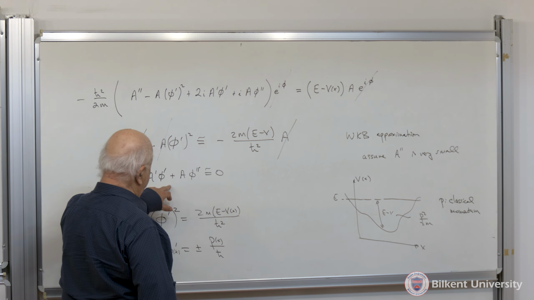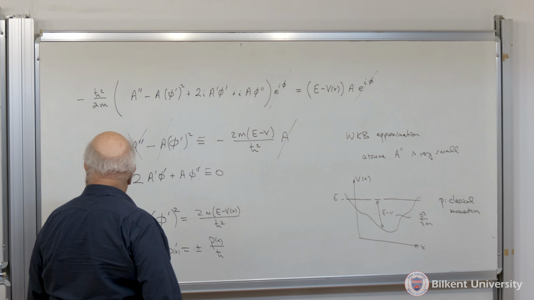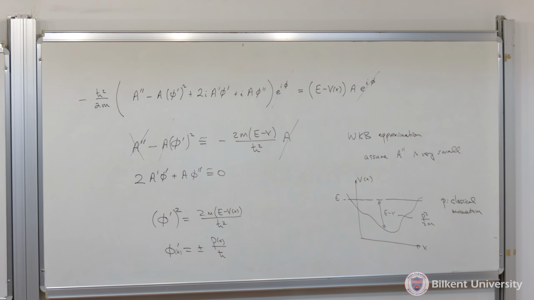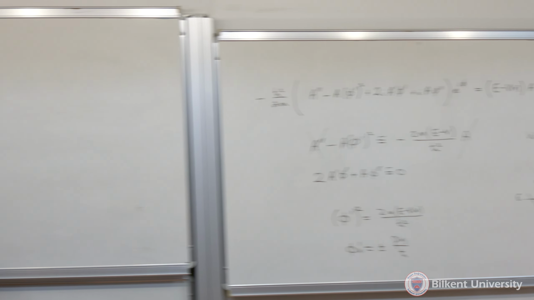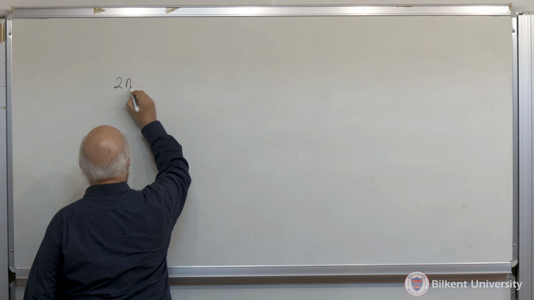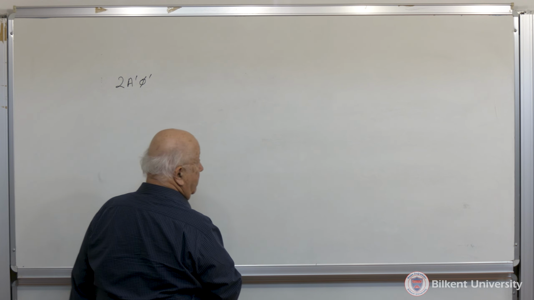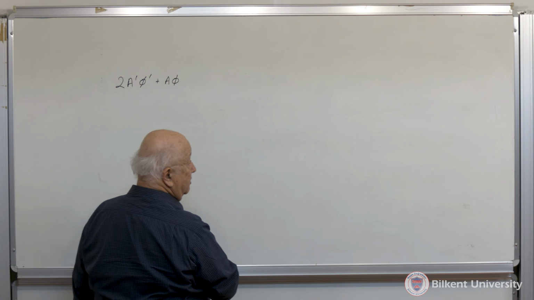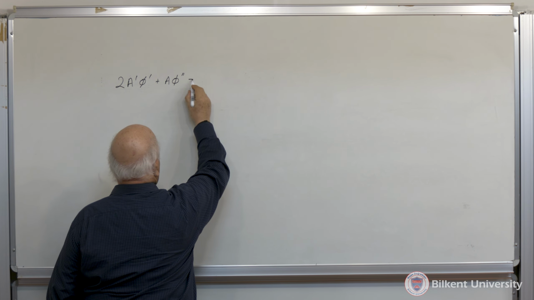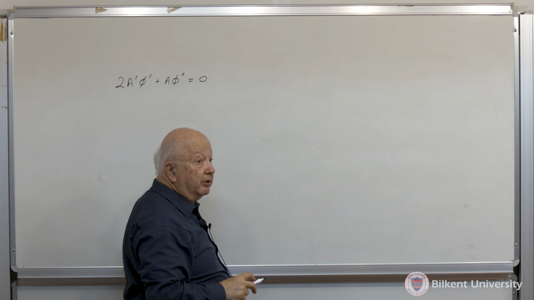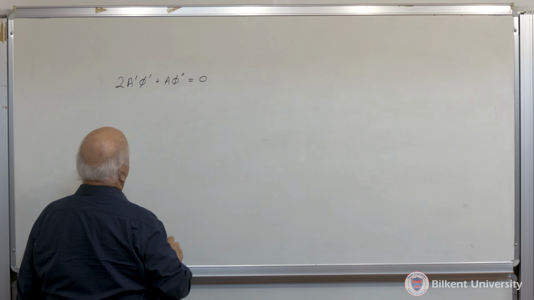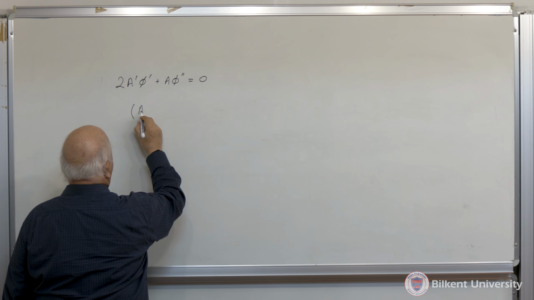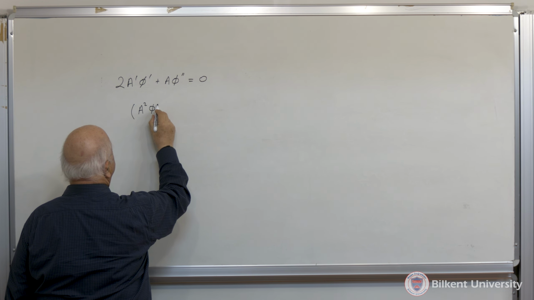Now let's go back to this equation and see what we can do with that. I had this equation which said 2a prime phi prime plus a phi double prime is equal to 0. Now, I can write this as the derivative of a squared times phi prime.